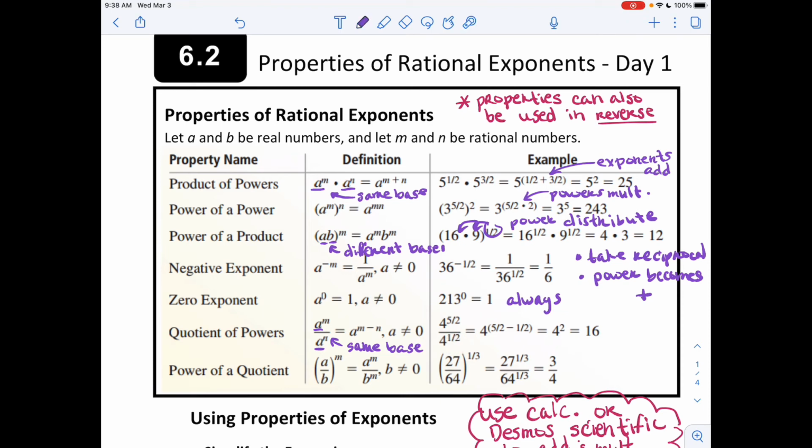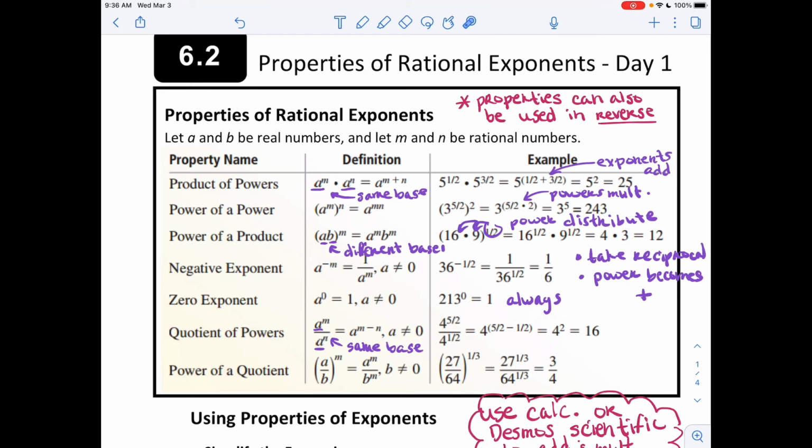And notice that we are going to subtract our exponents or our powers. So powers subtract. And so we will have 5/2 minus 1/2, and that's going to give me 4/2. And 4 over 2 is 2. And then 4 squared is 16.